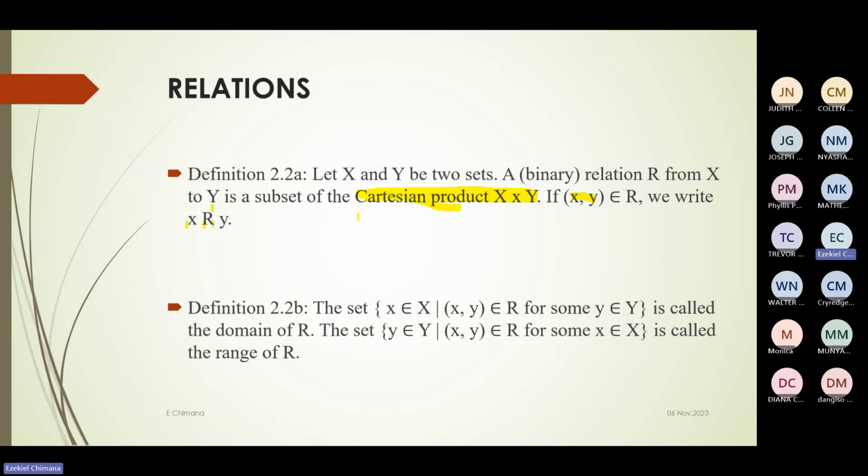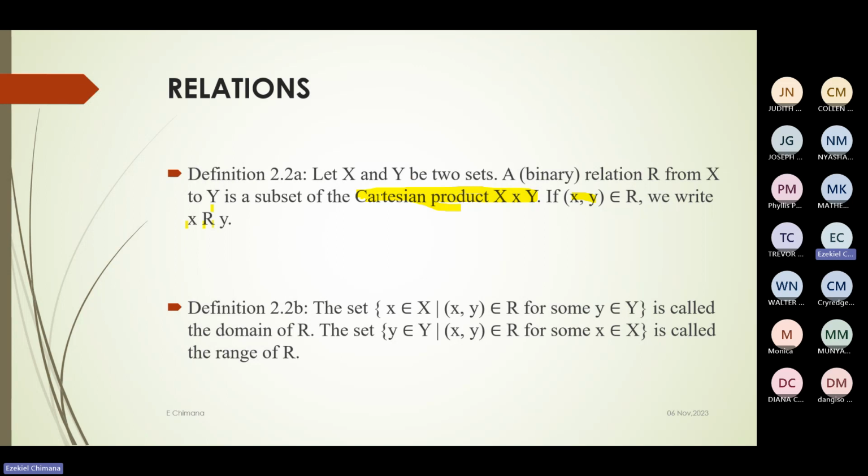So a relation R from X to Y is a subset of the Cartesian product. We are taking a relation from the Cartesian product.